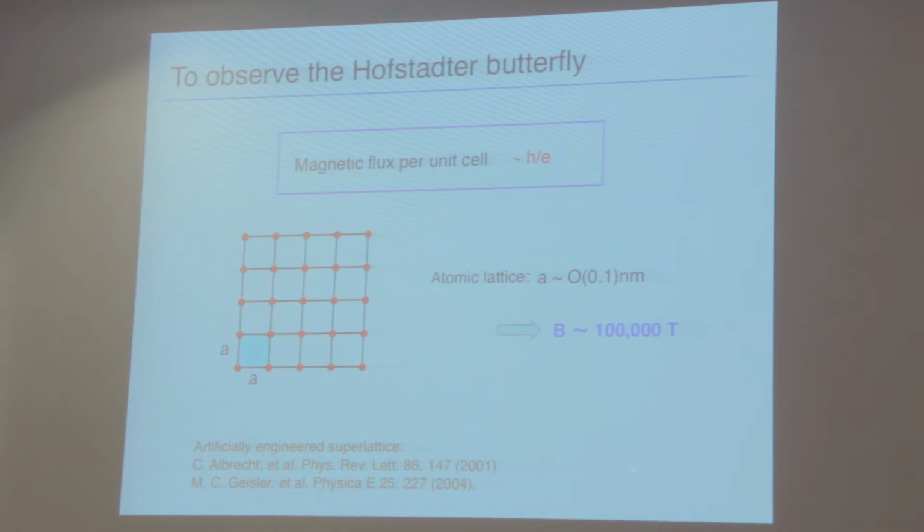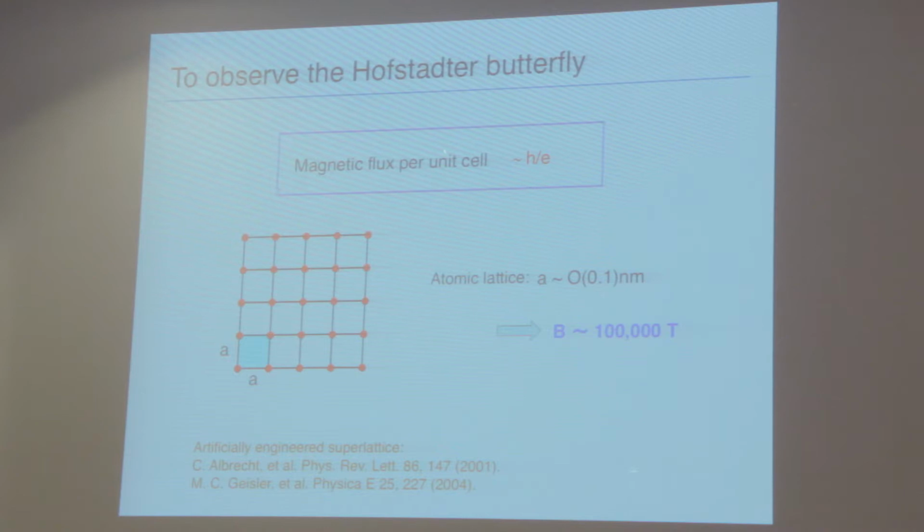Of course, the crystal is a periodic array of atoms, so we can use this period. But the problem is that this distance is very, very small, on the order of an angstrom. So it requires a ridiculously strong magnetic field for the Hofstadter butterfly, something like 100,000 Tesla, which is of course not feasible in real material.